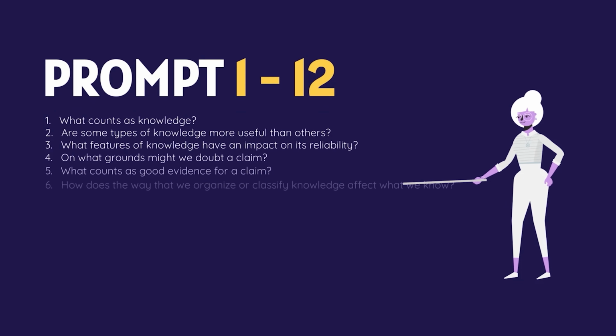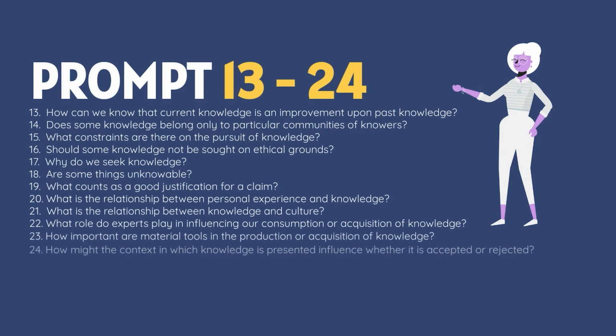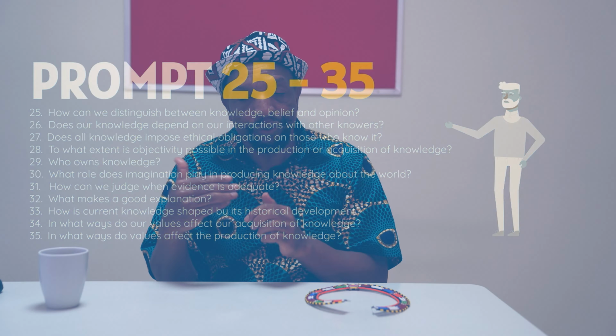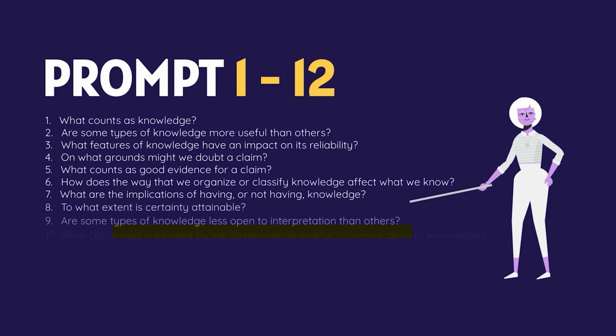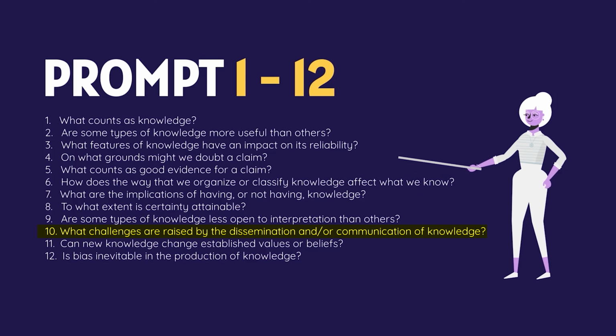This object can be linked to any of the 35 prompts. And from there, you can actually develop your argument. For example, this tweet is very relevant when it comes to the prompt that talks about the challenges faced in the dissemination of knowledge.